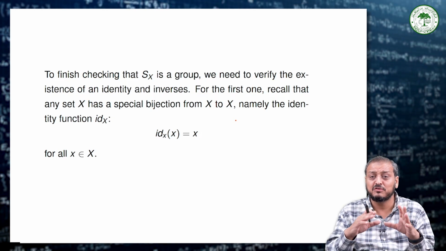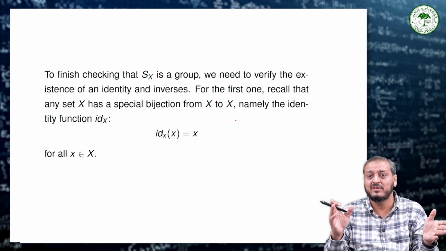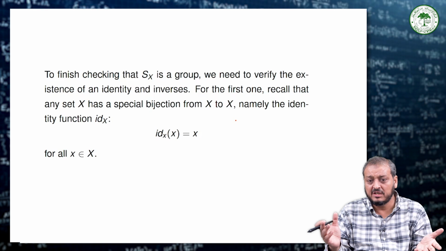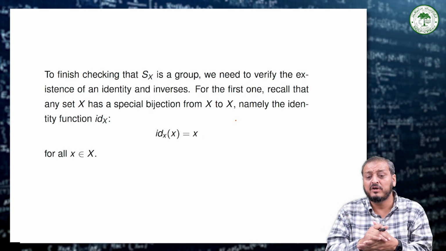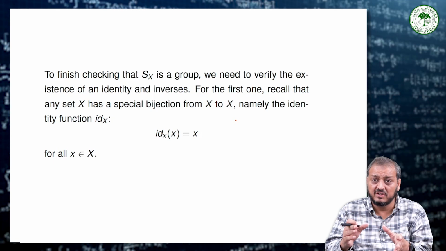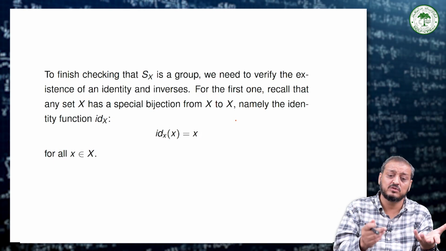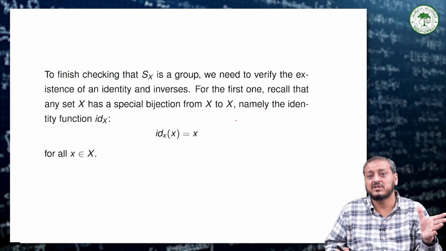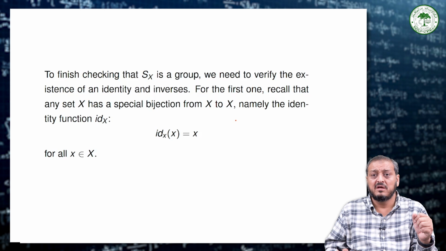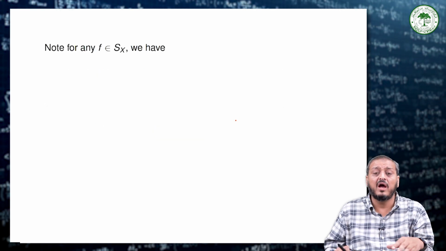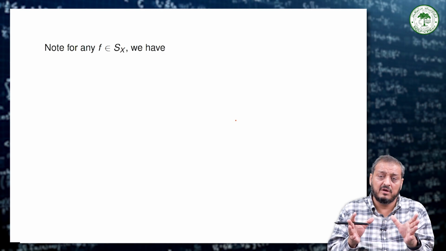We just saw that the identity map is always a bijection. So we denote it IDX, the identity on X. Namely, this identity permutation is a bijection function, and so it belongs to Sx. So the identity permutation works as the existence of an identity. Now we have to find the inverse.